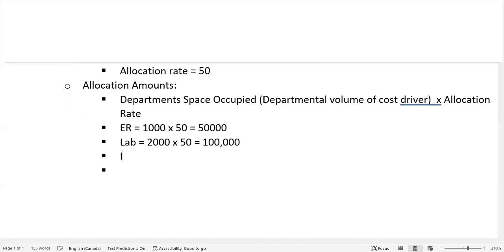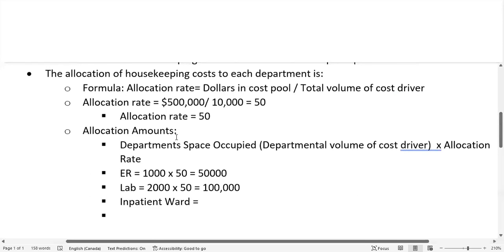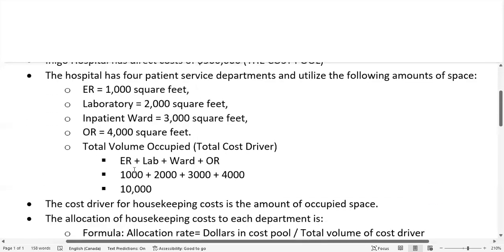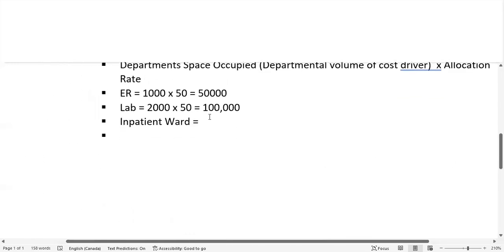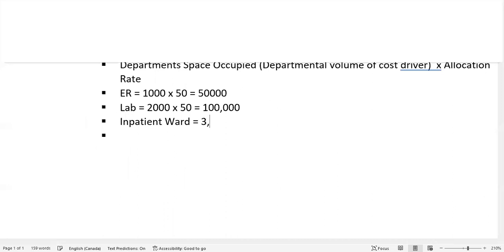For your inpatient ward, you have identified that they occupy 3,000 square feet, right? So that's 3,000 times 50. That's how you get $150,000.